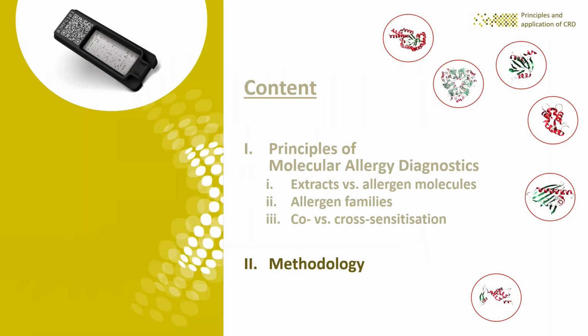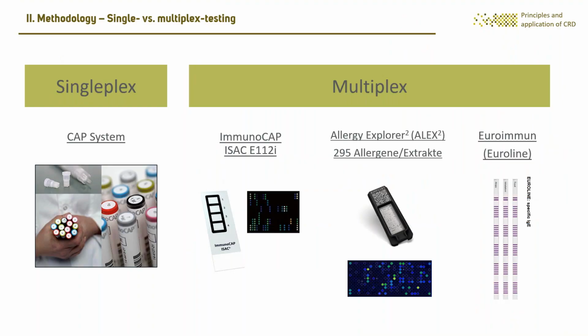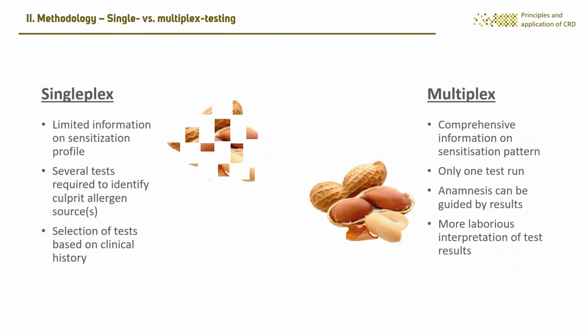So in the second part, which will be very short, I promise, I say a few words on methodology. First, if you do an IgE determination, you need to decide if you use a single-plex test. The most common example is the ImmunoCAP system, or if you go for a multiplex test. There are also several on the market, like ImmunoCAP ISAC, and also the Allergy Explorer, the ALEX test from our company, MADx, and also the Euroline test, which is based on immunoblot technology.